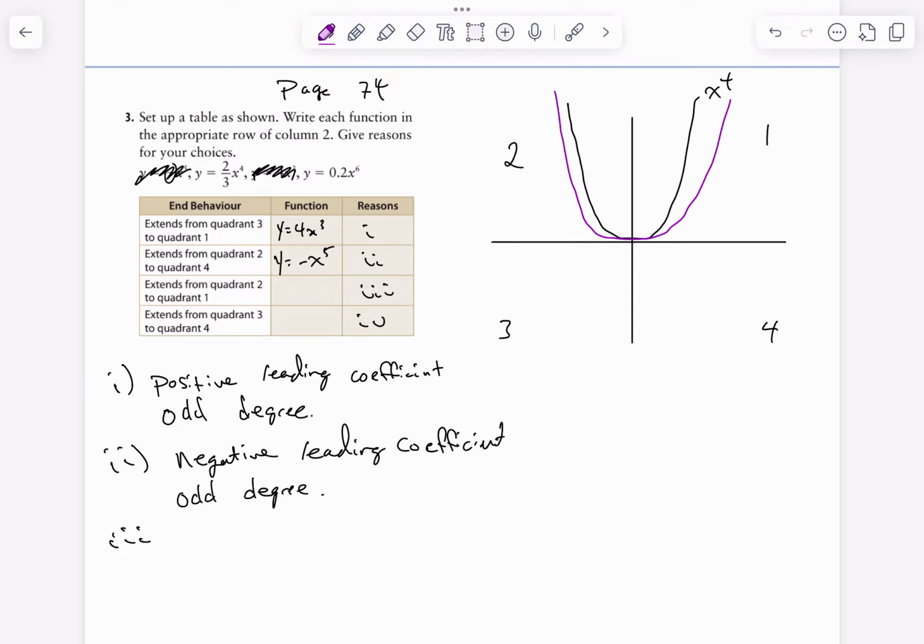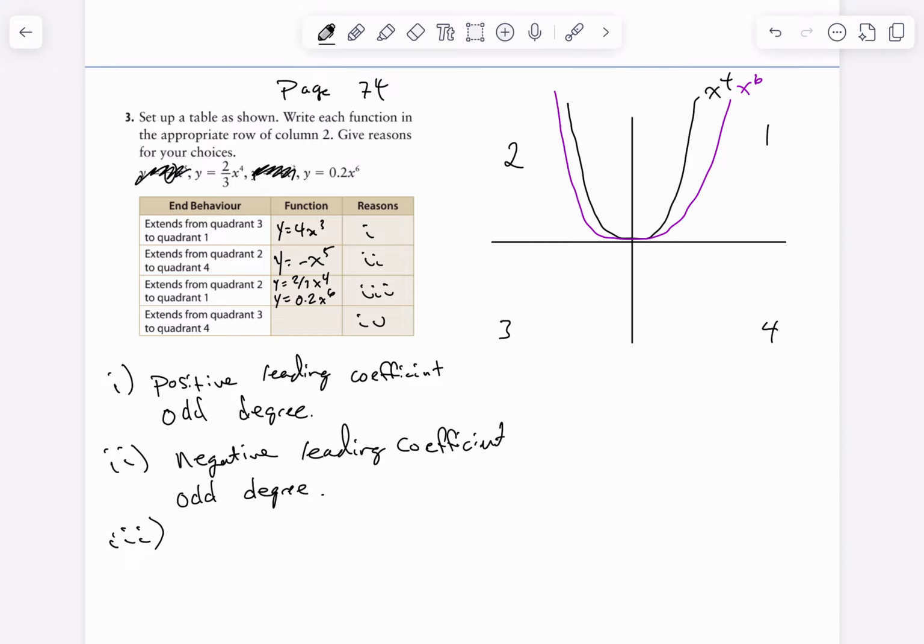Okay, so they both seem to fit these criteria that they're describing in the end behavior, right? So I could say both of them fit in here. So you could say y is equal to 2/3 x to the 4, and y is going to equal 0.2 x to the 6. Okay, so they're both going to fit in there.